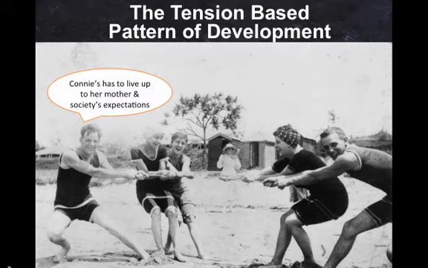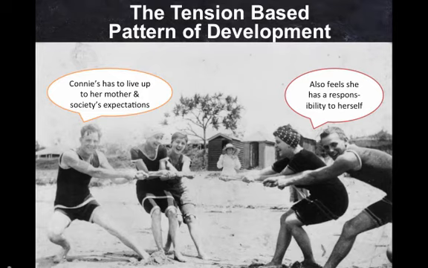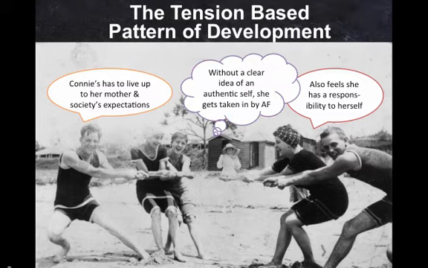That's one force pulling on her. Another force pulling on her is the responsibility she feels to herself. But ultimately, without a clear idea of an authentic self, she gets taken in by Arnold Friend. So those two forces are pulling on her, and she's left without an idea of who she is, and she's taken in by Arnold.